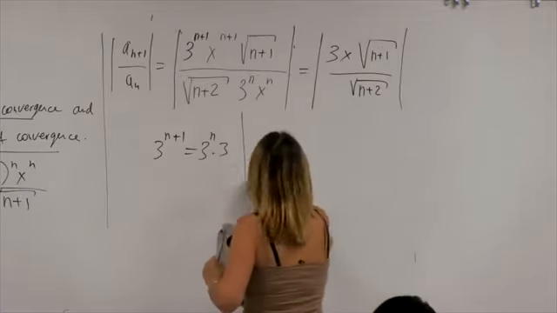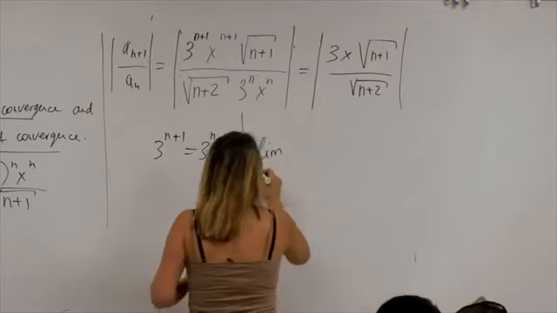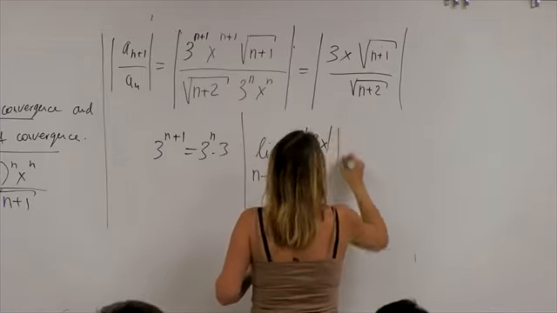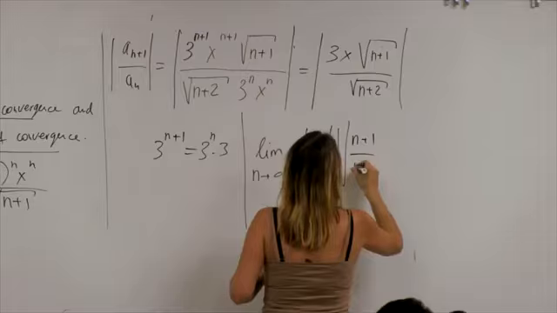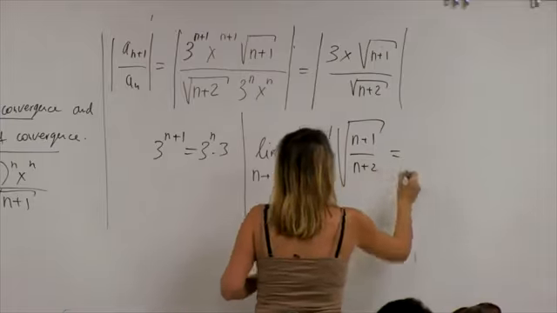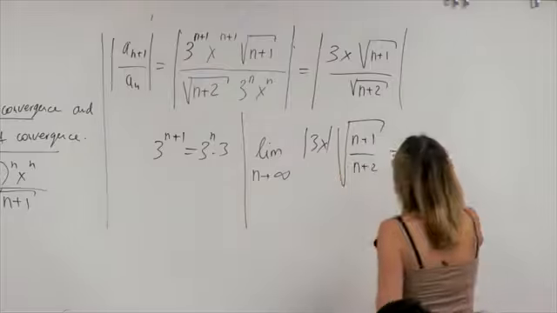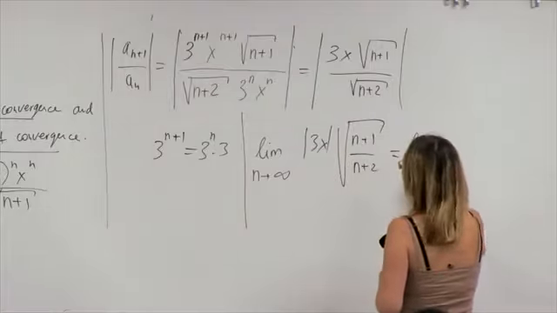So what is the limit as n goes to infinity of 3x times the square root of (n plus 1) over (n plus 2)? This is what I need to calculate for the ratio test.